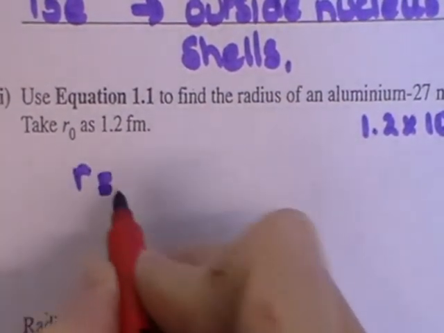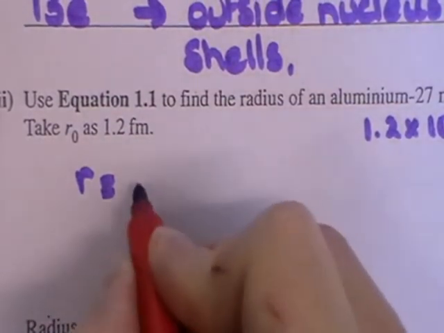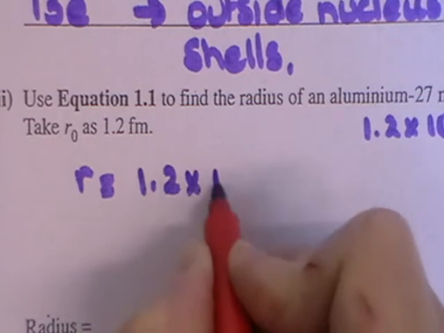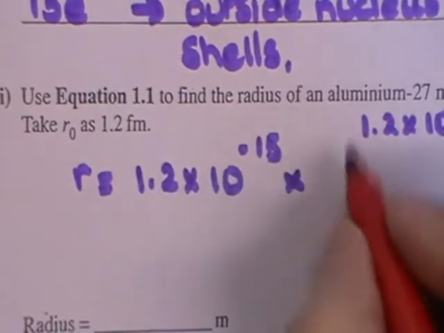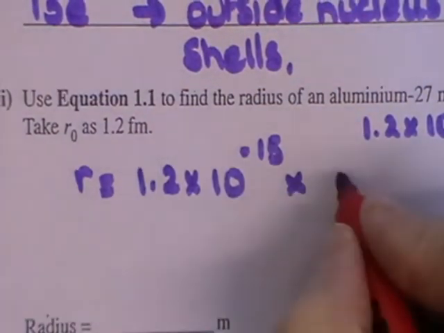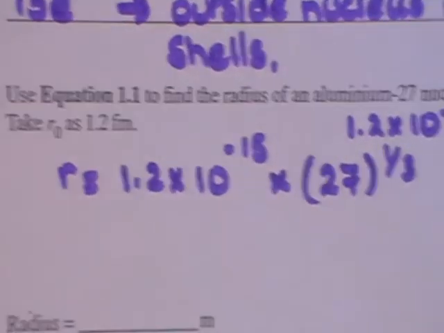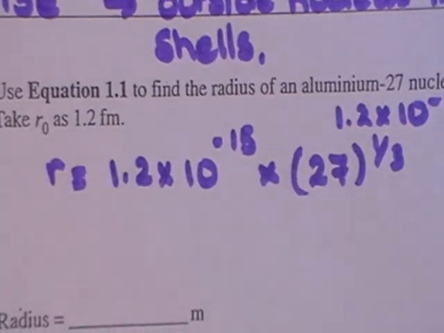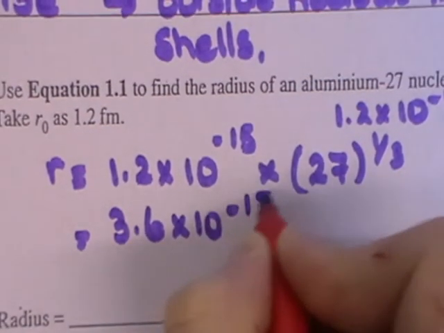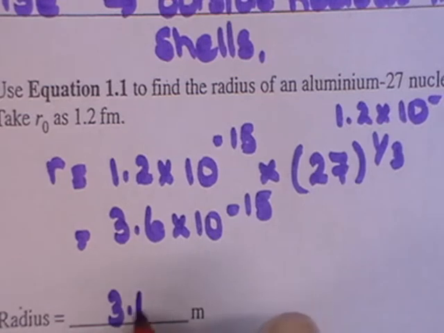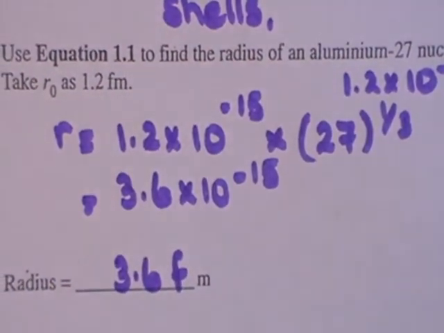And so R is equal to R0, the radius of the nucleons, so it's 1.2 by 10 to the minus 15, multiplied by the atomic number cube rooted, so it's 27 to the power of a third. And when you do that, the answer comes out as 3.6 by 10 to the minus 15, or 3.6 femtometers.